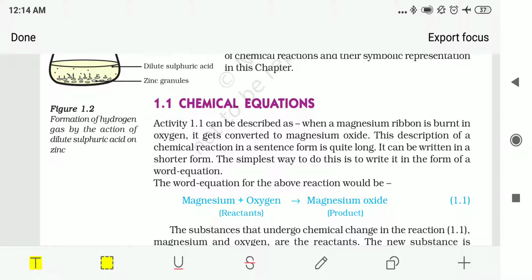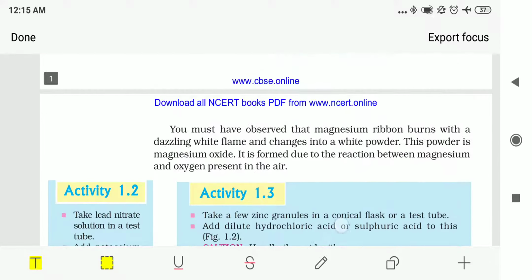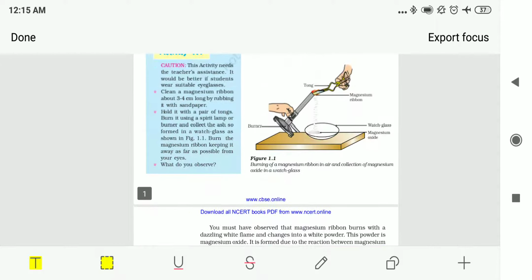Chemical reactions were the processes in which new substances with new properties are formed, and today we are discussing chemical equations.